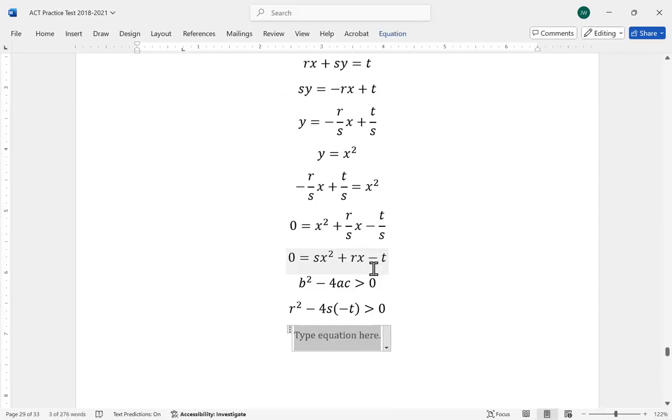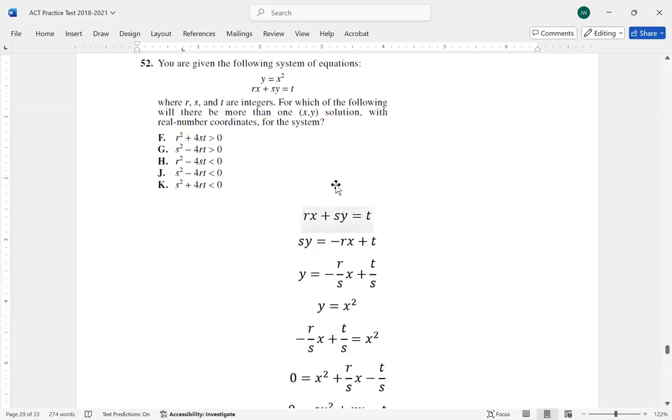Notice that means that we're going to get two real solutions anytime r squared plus 4st is greater than 0. Again, that came out of the quadratic formula. So r squared plus 4st greater than 0, that is option F. So when I have option F, I will have more than one solution to that system of equations.